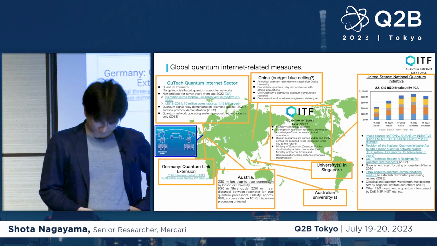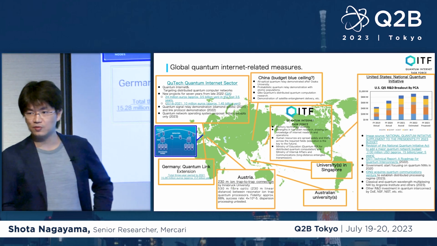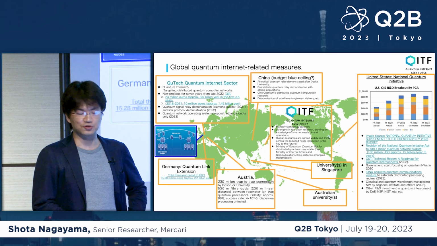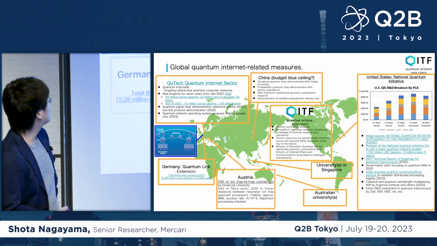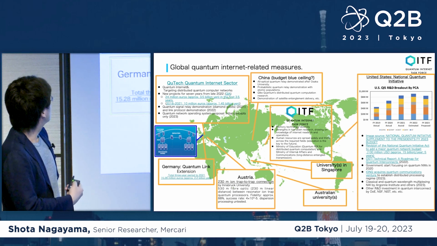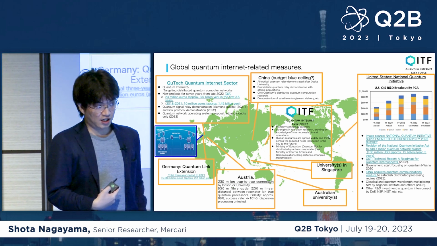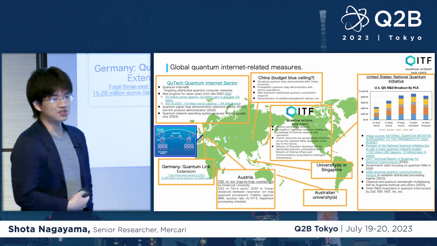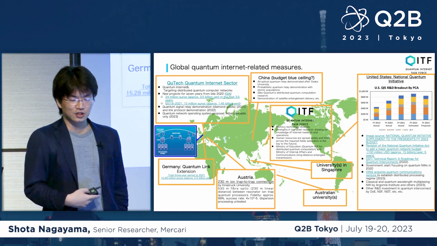What is now taking place around the world? The key words are testbeds in quantum internet, and testbeds were first formed in the EU, the Quantum Internet Alliance project, started in 2018, which aimed to connect 4 cities.